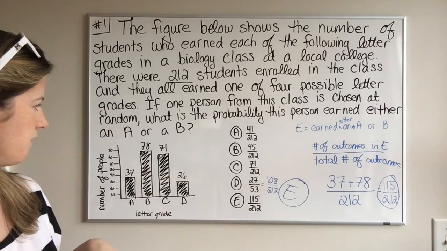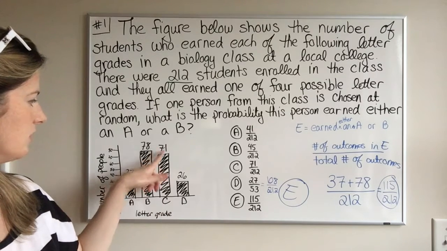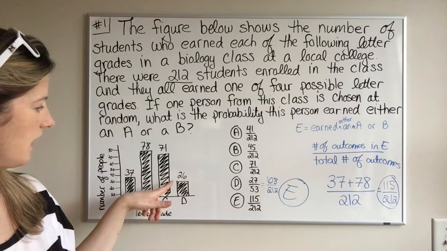B is going to be 45. So that appears to be 71 minus 26, which gives you 45.